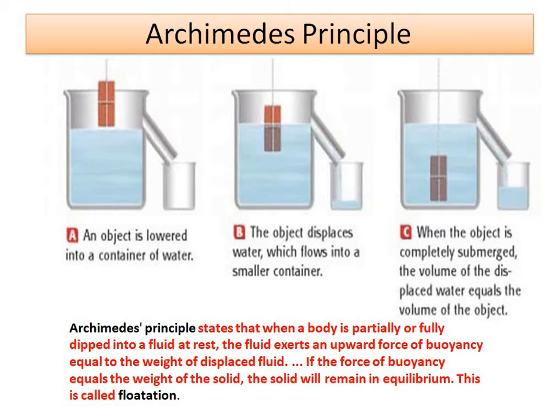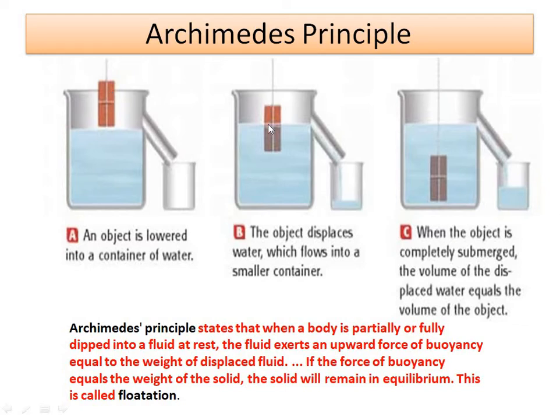That phenomenon can be explained with the help of this figure. Suppose this is a container filled with water up to this opening, and the object is kept above the liquid surface. Now the object is lowered into the container of water.